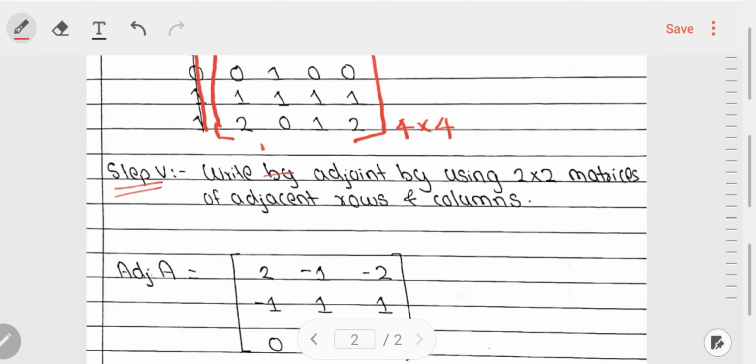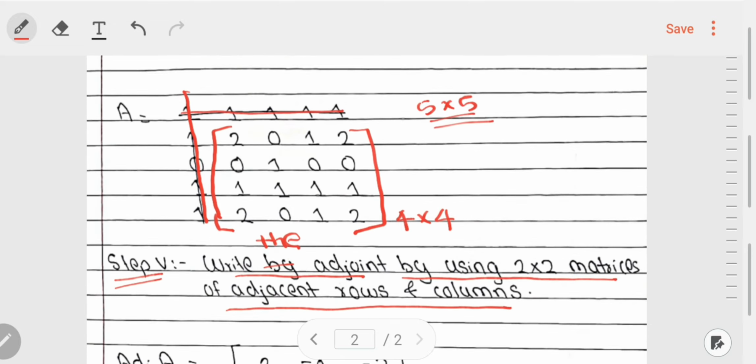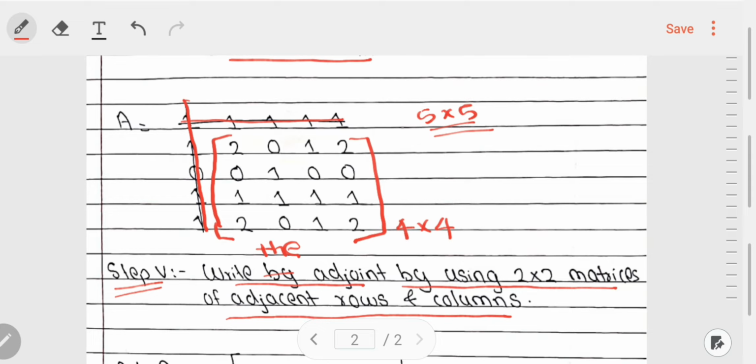Now after we get this 4 cross 4 matrix, we move towards the final step, that is step 5. We write the adjoint by using 2 cross 2 matrices of adjacent rows and columns. So by using the adjacent rows and columns, we have to form 2 cross 2 matrices. Let us see how many 2 cross 2 matrices I can form.